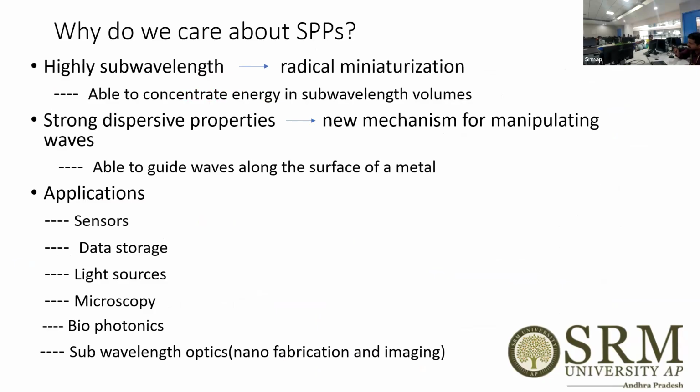We can reduce the size of the structure, define nanometer scale dimensional waveguides, and that supports plasmonic integration with other photonic devices. Also, we can directly integrate those devices, and it offers strong dispersive properties. And this is the new mechanism. The applications are sensors, data storage, light sources, microscopy. We can apply this in everything.